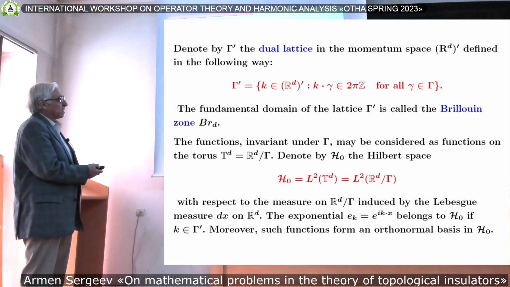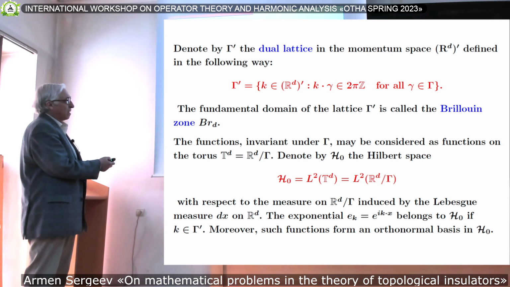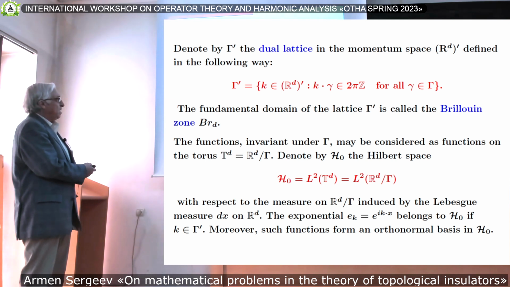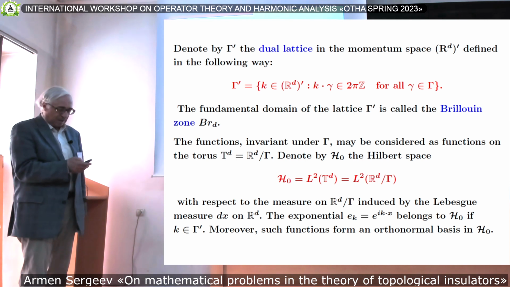A very good example is exponentials. I denote by e_k the function e to the power i k times x. This is the inner product. And this exponential belongs to H sub 0 if k is from the dual lattice. Moreover, such functions form an orthonormal basis in H sub 0.